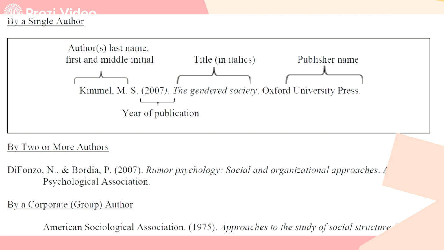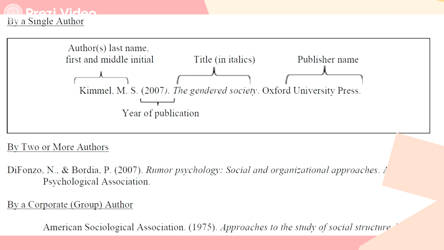However, for books with two or more authors, actually just two authors really, you can have the same format, the author's surname, comma, the initials, period, and then comma again, and then the ampersand symbol. As you can see, there's the ampersand symbol, DiFonzo N. ampersand, and then Bordia P., which means that there are two authors for this book.